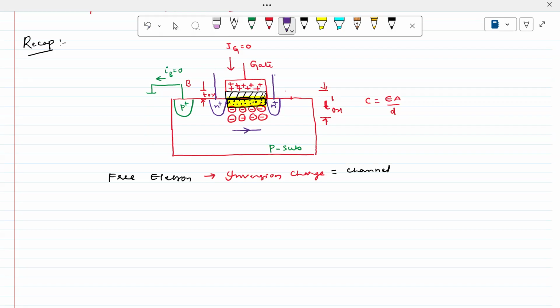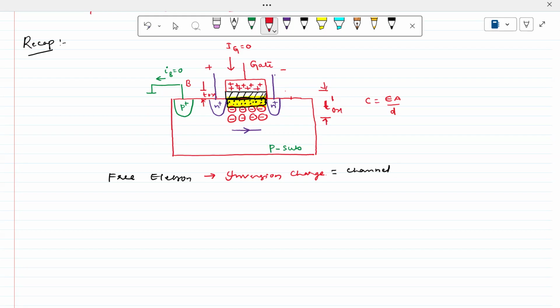Then what potential should I apply at the left side compared to the right side? High potential where? Left side. If it is a high potential, that means positive potential we apply here, negative potential we apply there. What will happen here?